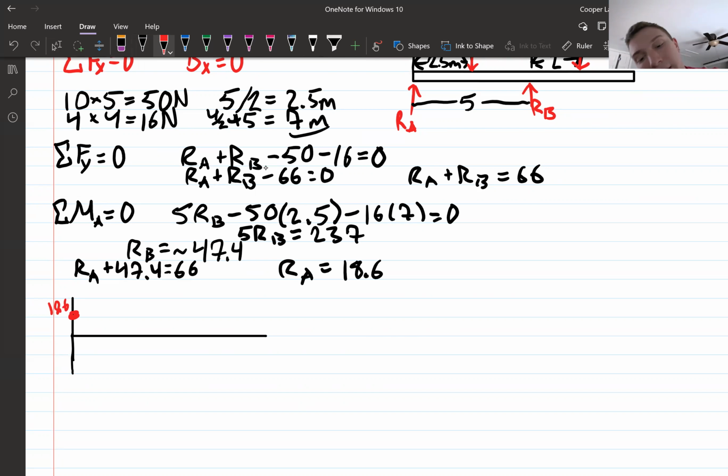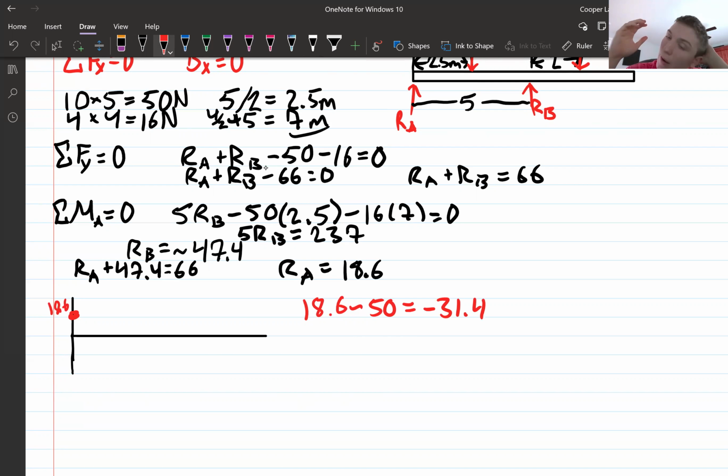So I'm going to do my 18.6, and I'm going to subtract 30, sorry, not 30, 50. And when I do that, I'm going to get negative 31.4. So that tells me that it's going to ultimately go down to 31.4.